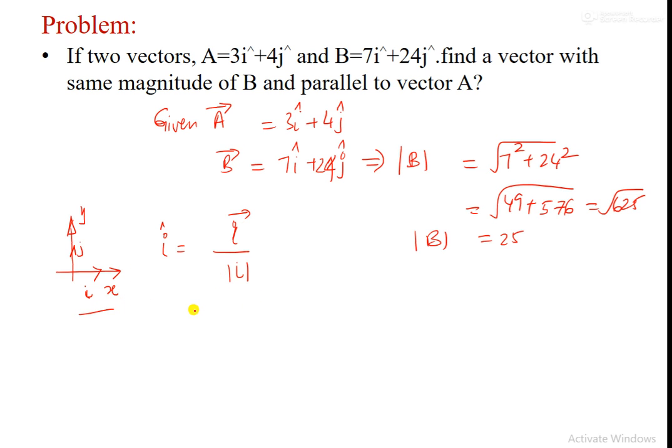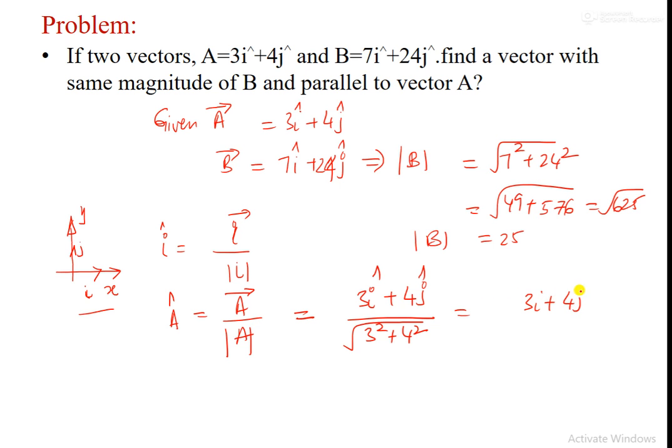Similarly, to find a parallel vector to A, you have to find a unit vector in the direction of A. That is, the unit vector in the direction of A will be the A vector divided by the modulus of the vector, that is 3i plus 4j divided by the magnitude, square root of 3 squared plus 4 squared.